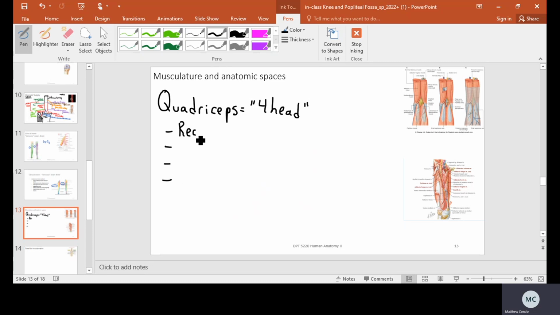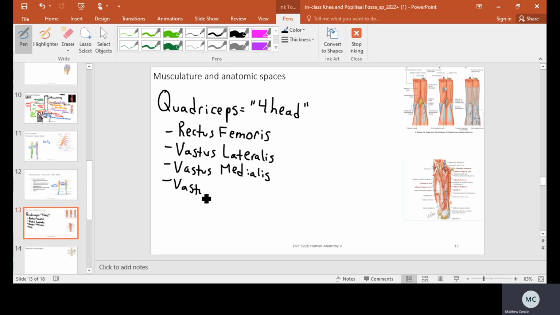Rectus femoris, which we kind of covered already with the hip section. And then we're going to have the 3 vastus muscles: vastus lateralis, vastus medialis, and vastus intermedius.